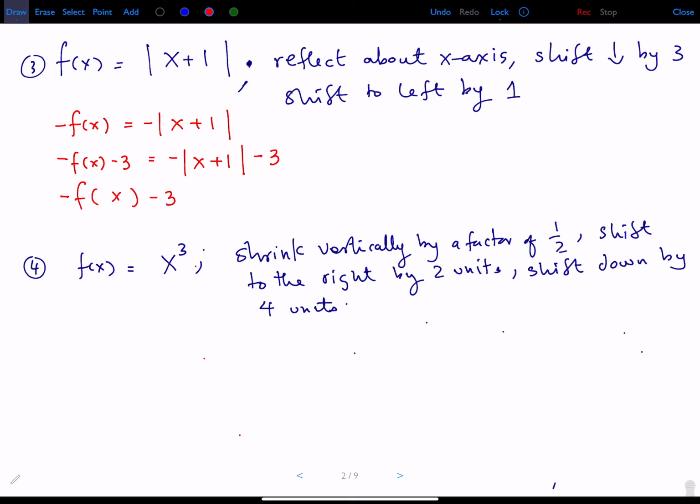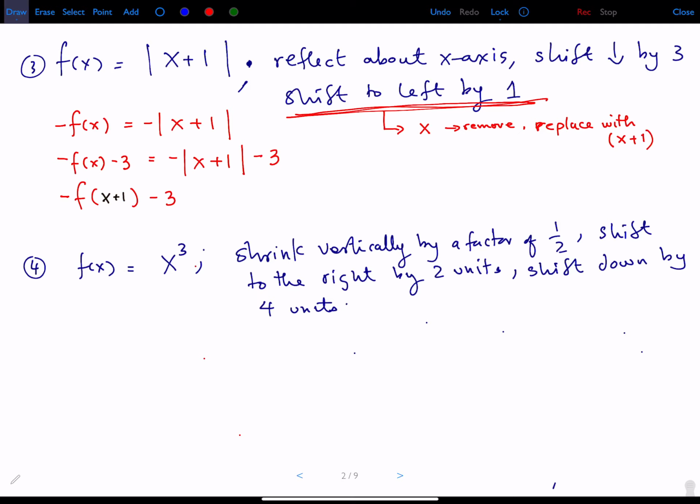When I talk about shifting to the left by 1, what I'm literally doing is going into the function which already has an x, removing it, and replacing it with that shift, which means x plus 1. So in place of this input x, I'm taking it out, and I'm replacing that with what? x plus 1, to mean I want to shift to the left by 1.